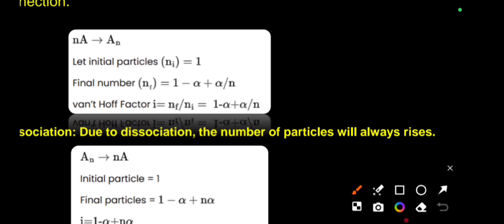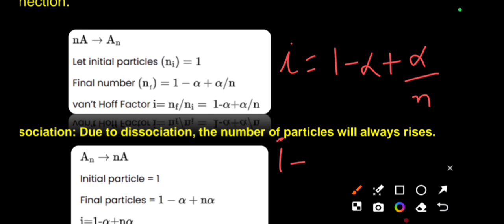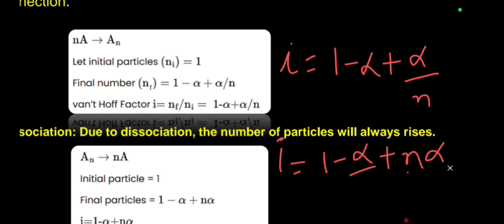How do you solve for association? i is equal to 1 minus alpha plus alpha by n, and for dissociation i is equal to 1 minus alpha plus n alpha. What is n here? It is the number of ions formed, and alpha is the degree of dissociation. One example I will give you.